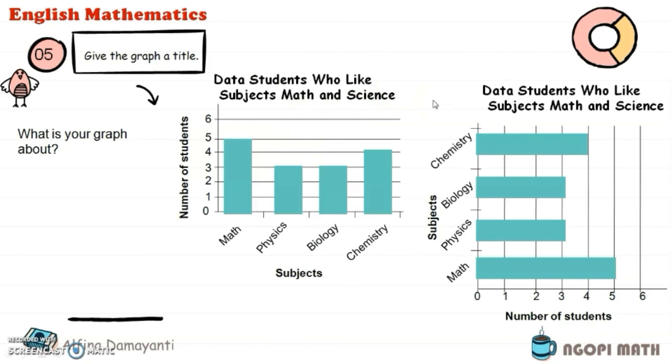The title of this data is Students Who Like Subjects Math and Science. And type 2, the horizontal axis is number of students and the vertical axis is subjects. The title of this data is Students Who Like Subjects Math and Science.